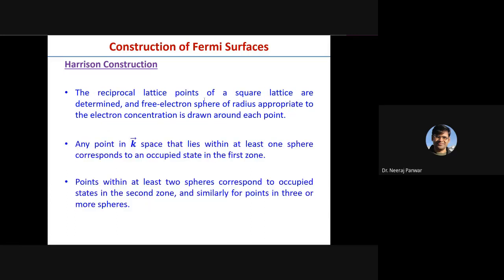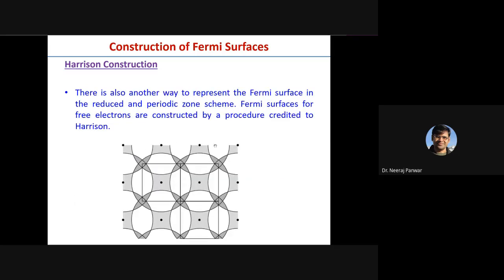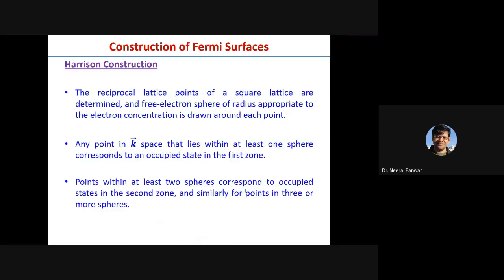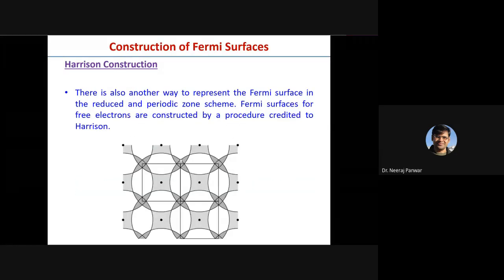The reciprocal lattice points of a square lattice are determined. Now we are trying to explain the procedure for Harrison construction. First we need to find all the reciprocal lattice points, and a free electron sphere of radius appropriate to the electron concentration is drawn around each lattice point.